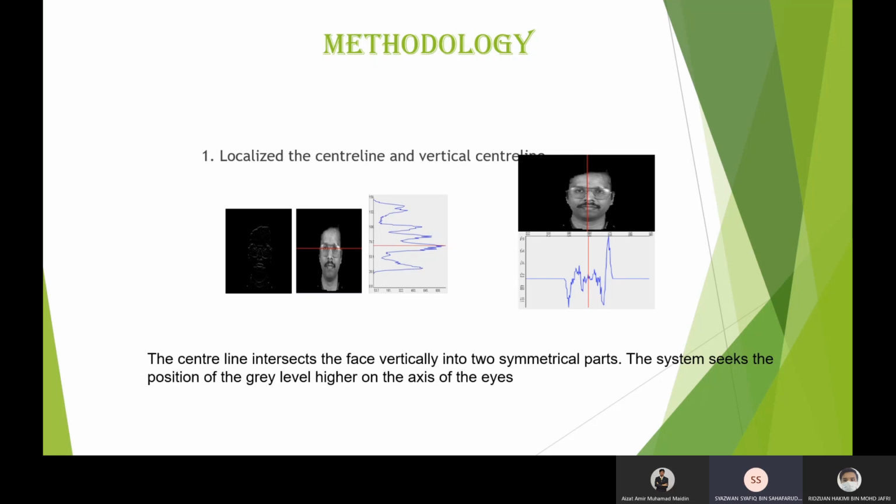The system seeks the position of the higher gray level on the axis of the eyes. The maximum curve corresponds to the central line because it corresponds to the region that contains the maximum amount of skin, as you can see in the image shown. The red line is in the middle to detect the central line and the vertical central line.